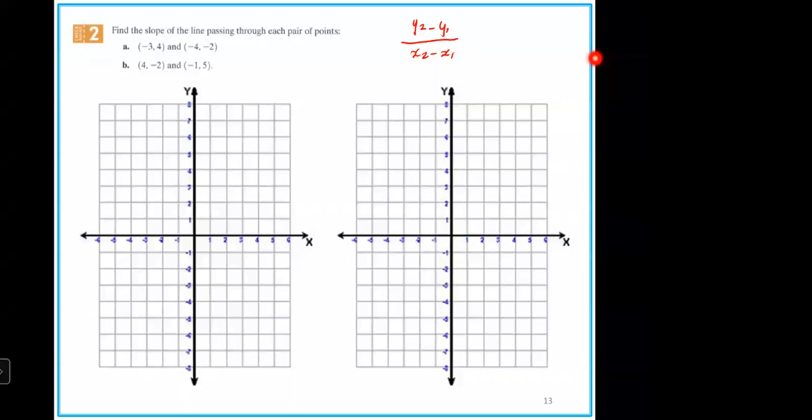So I want you to do the first one, I'll give you a couple minutes, and then we look at it before we go to the second one. Work it out using the formula, and then we're going to look at the graph of it.